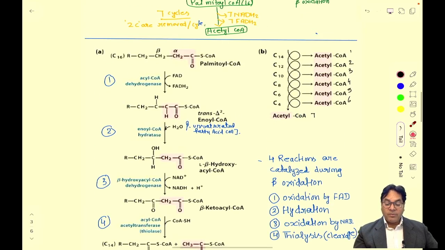So say for example, we have 16 carbon palmitoyl coenzyme A. So these are the acyl coenzyme A in the first cycle, second cycle, sixth cycle, and in the seventh cycle, the last acyl coenzyme A will be liberated. Now, we have seen that at each cycle FADH2 and NADH2 are formed, so that means with 7 cycles, 7 molecules of FADH2 and 7 molecules of NADH2 will be formed, which will later give rise to ATP.